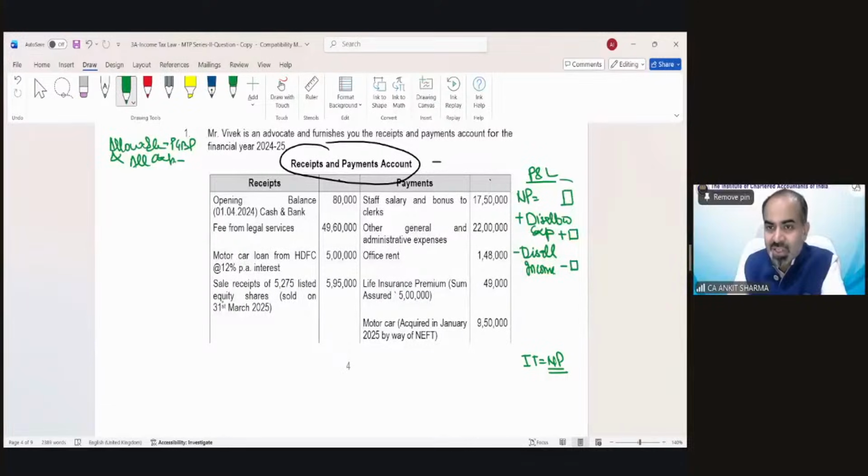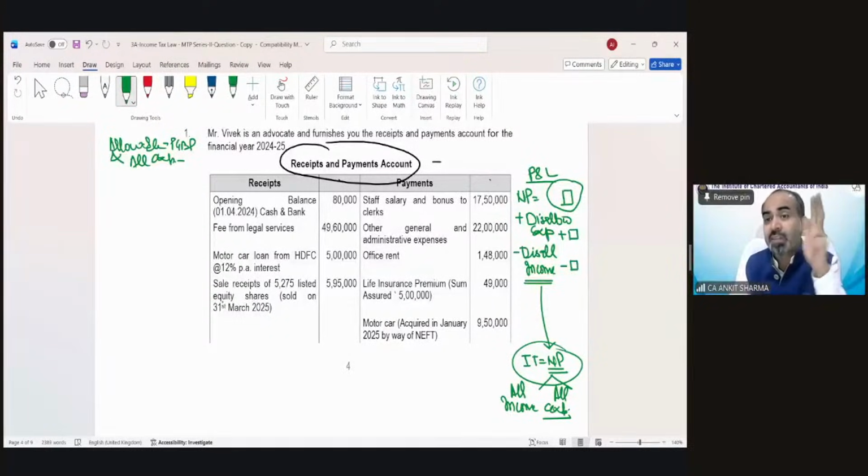So from this net profit, if I am adding back disallowed expenditure as per income tax, and I am reducing disallowed incomes as per income tax, what does that mean for the net profit? This net profit consists only of allowable income and allowable expenditure as per income tax, because we have removed the effect of disallowability.